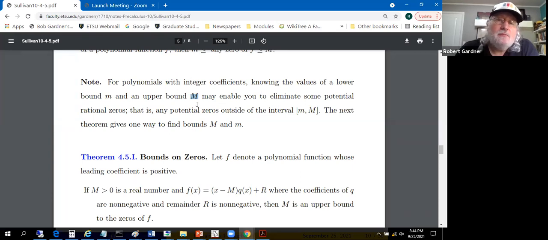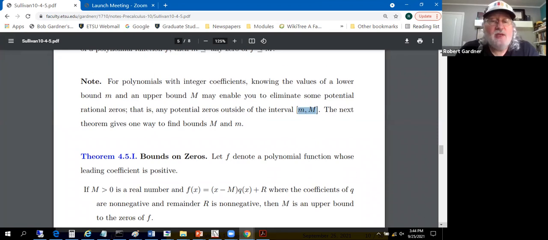Well, they couldn't be if they're bigger than the upper bound on the zeros. And similarly with lower bounds. So we get an interval of this form if we can find this uppercase M and lowercase m, and we know all the zeros lie in there.